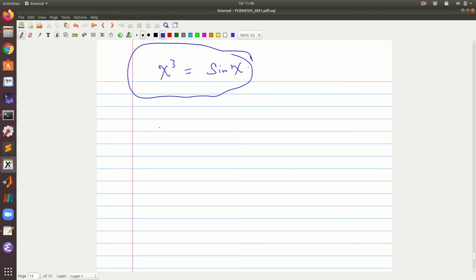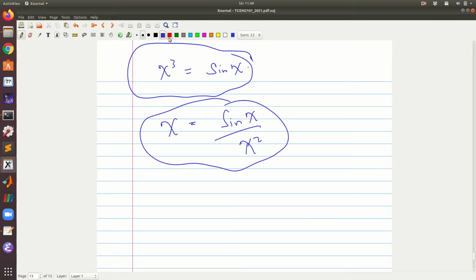So perhaps someone could have written one scheme and say that x equals sine x over x squared, or another one could have written that x equals just the cube root of sine x, the power 1/3, right?